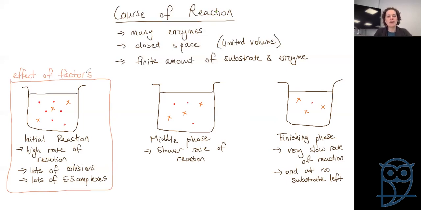They could also be affected differently by different factors. So each of them is going to have the same standard mode of action, and each of them is undergoing a course of reaction. But for the effect of the factors, we're always looking in the same place, always at that initial rate of reaction.